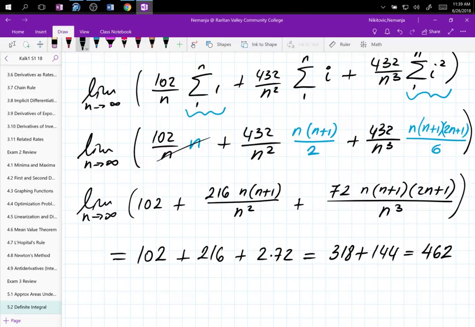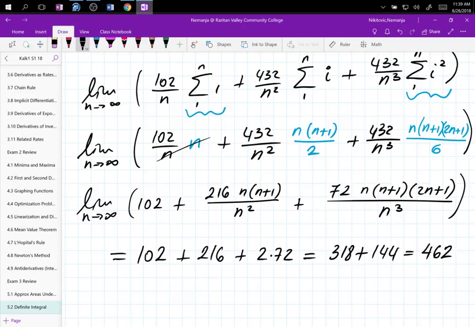Again, when you are multiplying this out, n times 2n is 2n cubed. And the limit of 2n cubed divided by n cubed, well, it's just 2, right? So 2 times 72 is 144. You will say, well, when we multiply more, you're also going to have maybe n over n cubed, and those all go to 0, so we don't care about them.